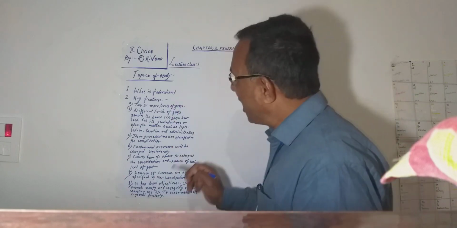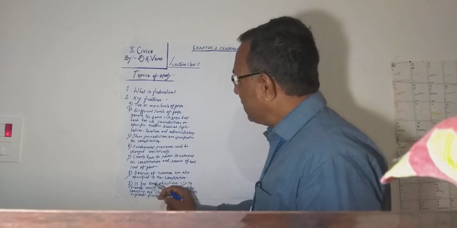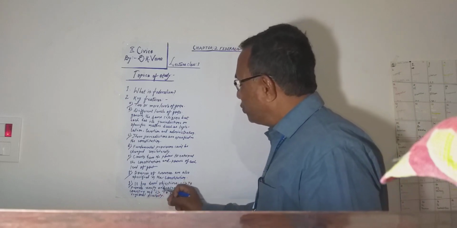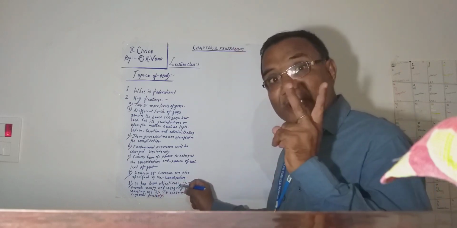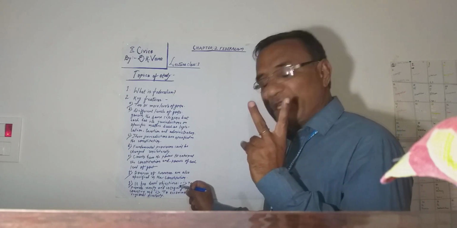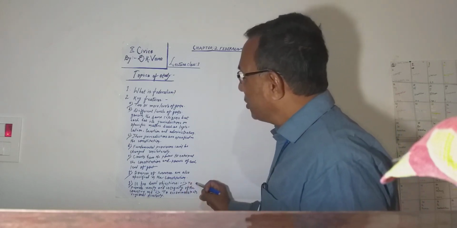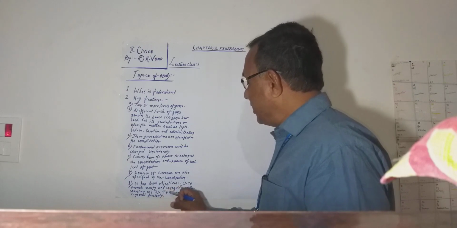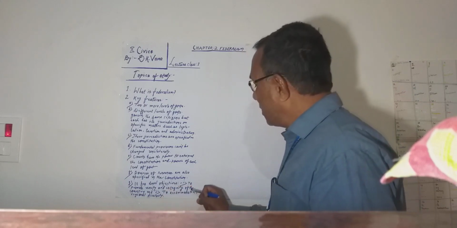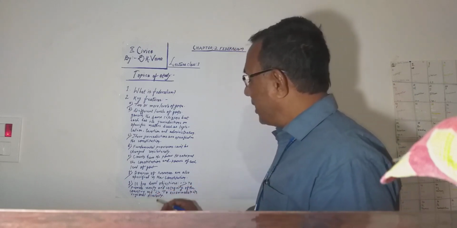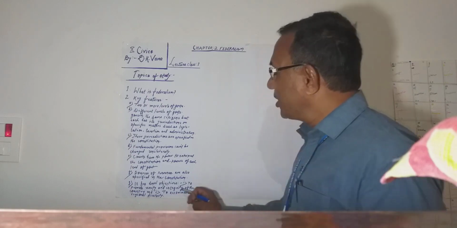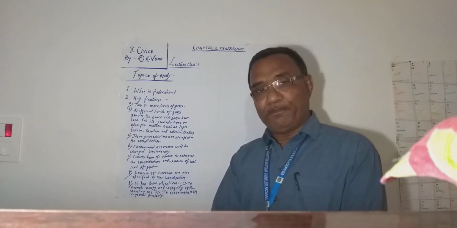And after that, our federal system has dual objectives. Number one, to promote the unity and integrity of the country, and number two, to accommodate regional diversity.